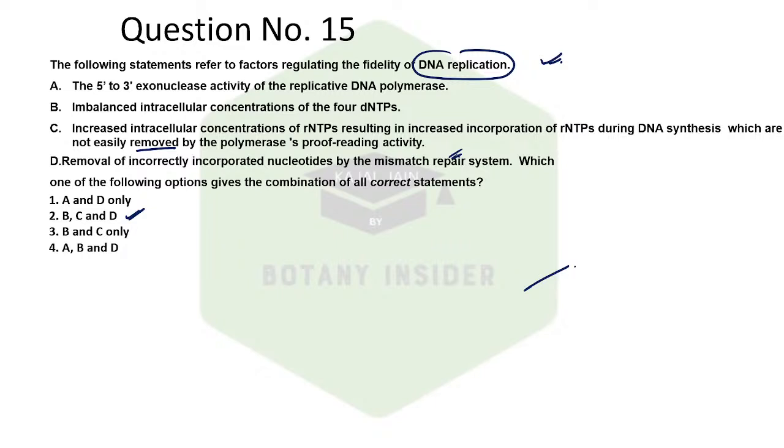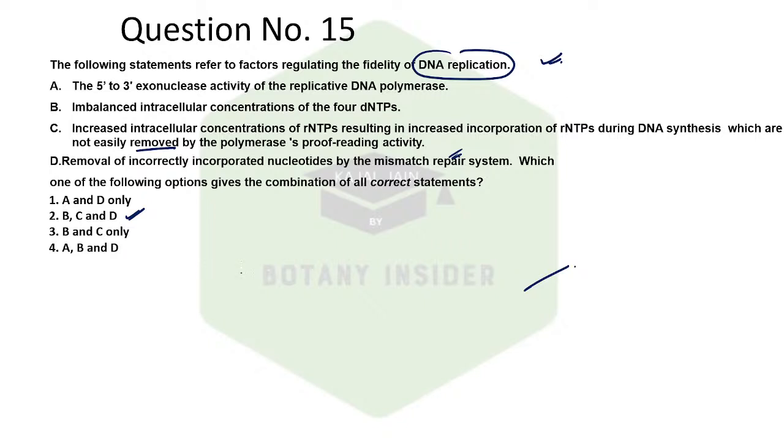The second is imbalanced intracellular concentration of the 4 dNTPs, then increased intracellular concentration of rNTPs, resulting in increased incorporation of the rNTPs, which do not get removed by the polymerase proofreading. And last is removal of incorrectly paired nucleotides via the mismatch repair system.